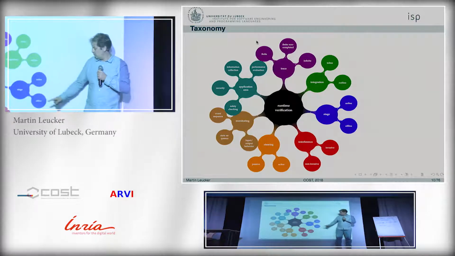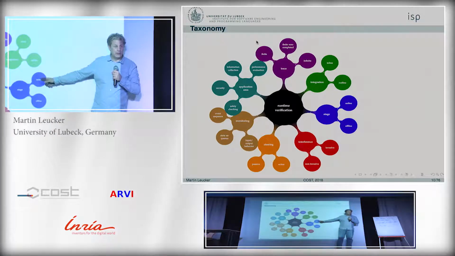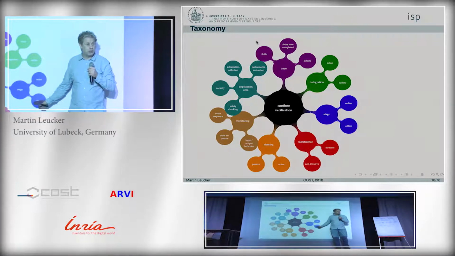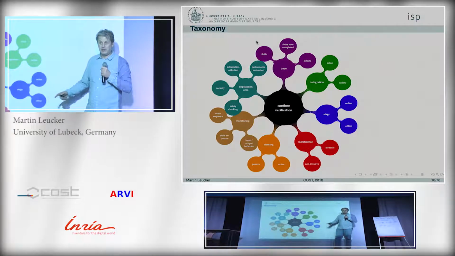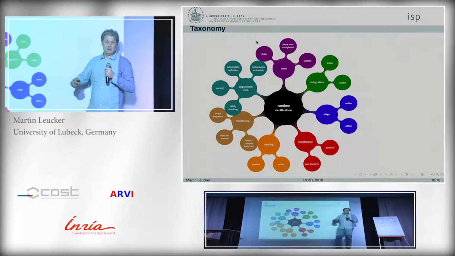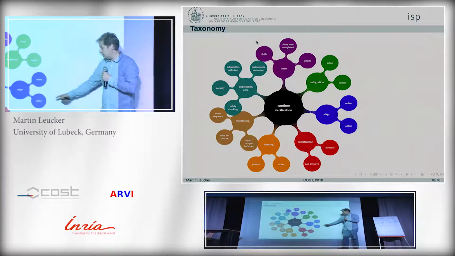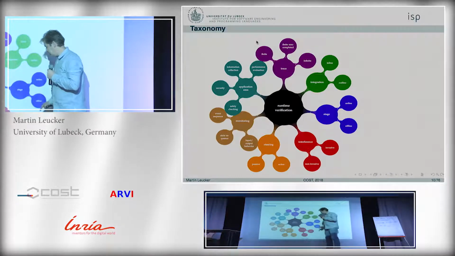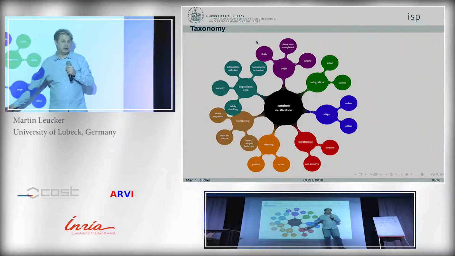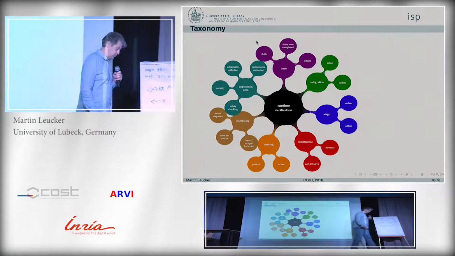When do we monitor? Do we monitor online while the system is executed? Do we monitor offline? We have stored the trace, let's say in some database, and later on we analyze the trace. Does our monitoring interfere with the underlying system?